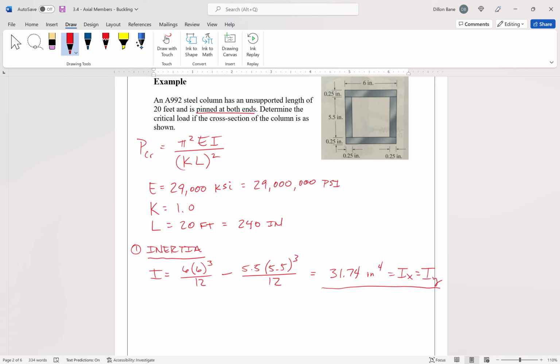If you can imagine the sudden lateral deflection of these compressive members, we don't know which way it's going to go. It could go left, it could go right, it could go in and out of the page, any which direction. It's just a sudden lateral deflection. So with this particular member, since our moment of inertia about both x and y axes are the same, what this really tells us is that we cannot accurately predict which way it will buckle. All right.